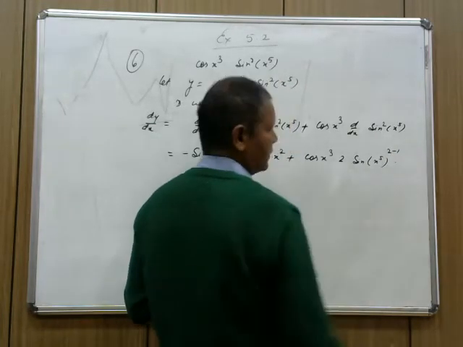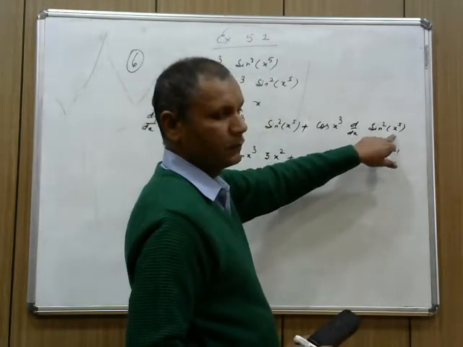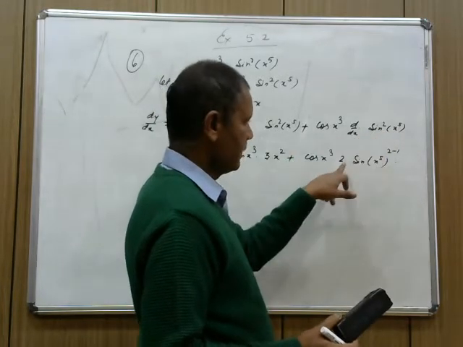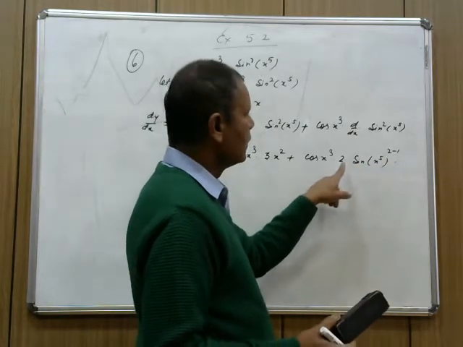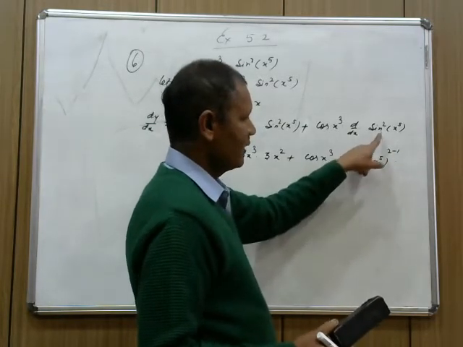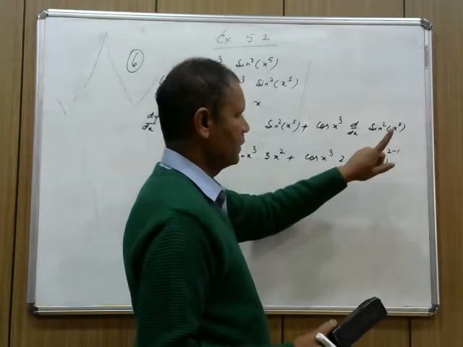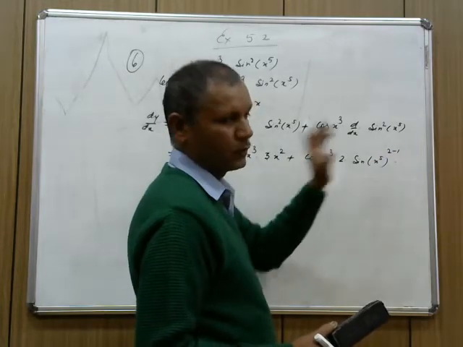Power into function to the power minus 1: differentiation of x to the power n is n into x to the power n minus 1, here x is sin x to the power 5.